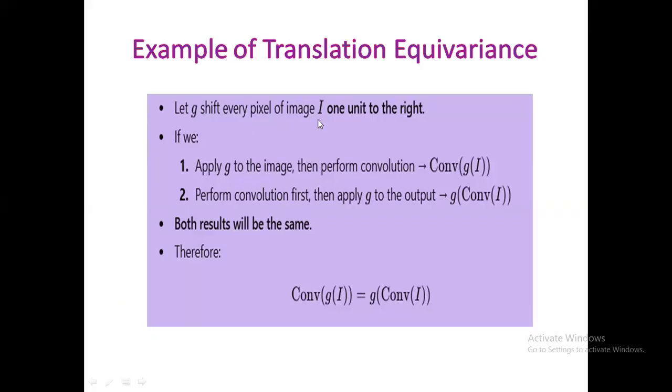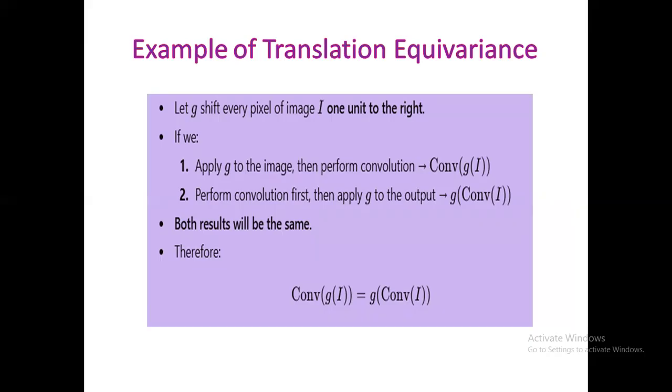Let g shift every pixel of image I one unit to the right. To illustrate, consider any image, and a translation function g that shifts the image to the right by one pixel. If we first apply the shift and then perform convolution, the resulting feature map will reflect the shifted features.